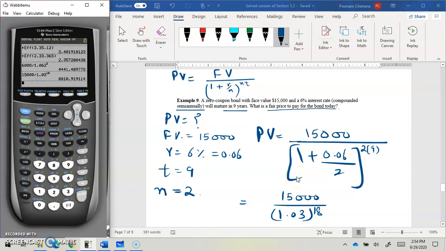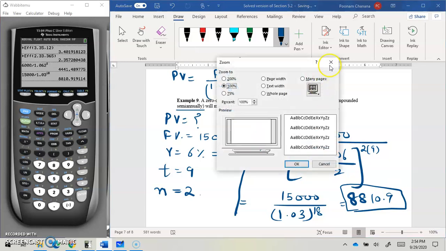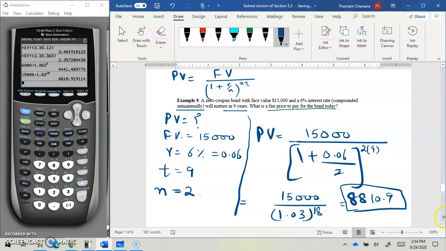So today he needs to pay approximately 8,810 for the bond, which will pay him 15,000 in 9 years at the interest rate of 6%.